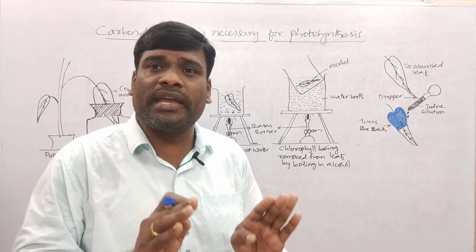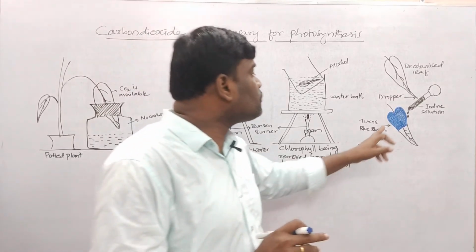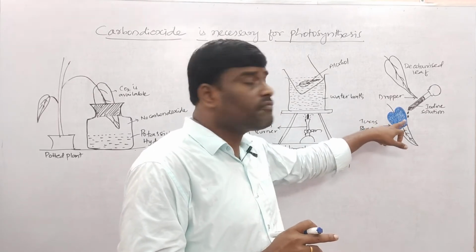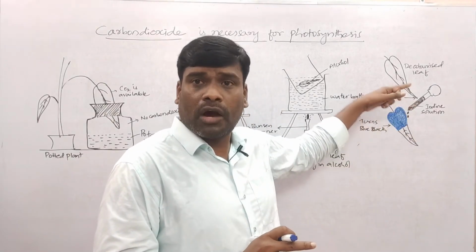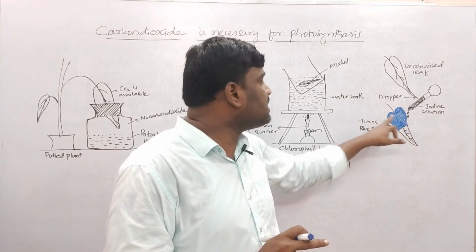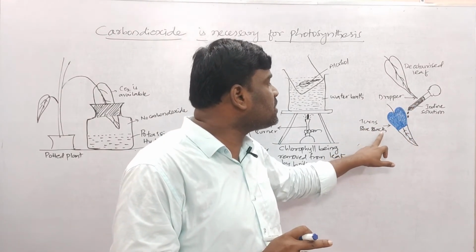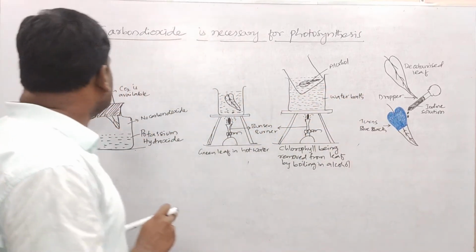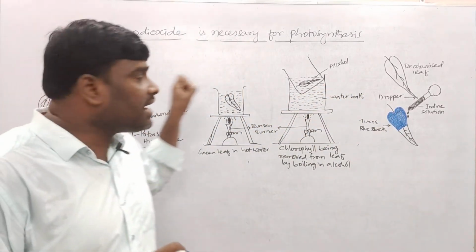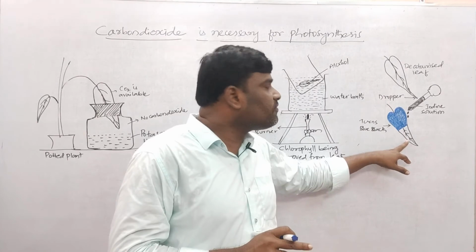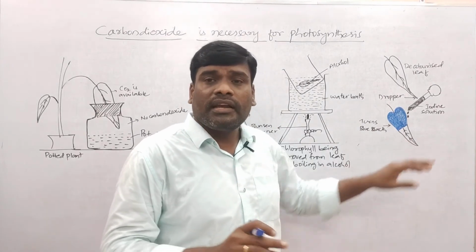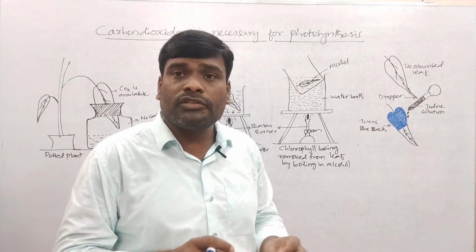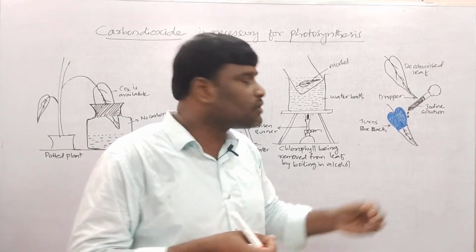It remains pale in color. That means starch particles are prepared in the part of the leaf outside the bottle, and the part inside the bottle does not turn blue black because there are no starch particles here.